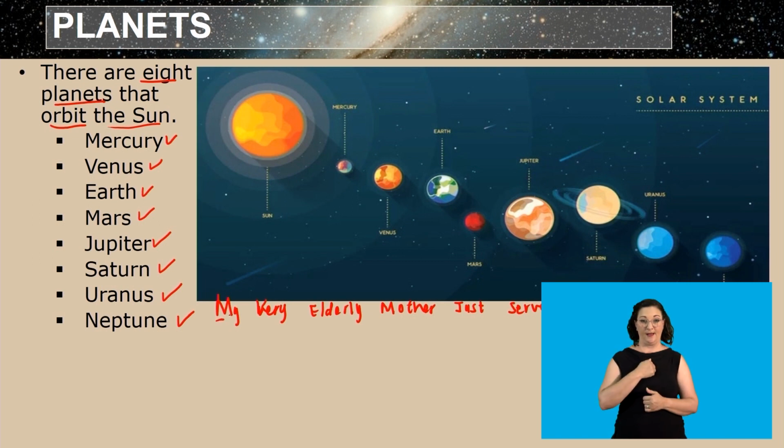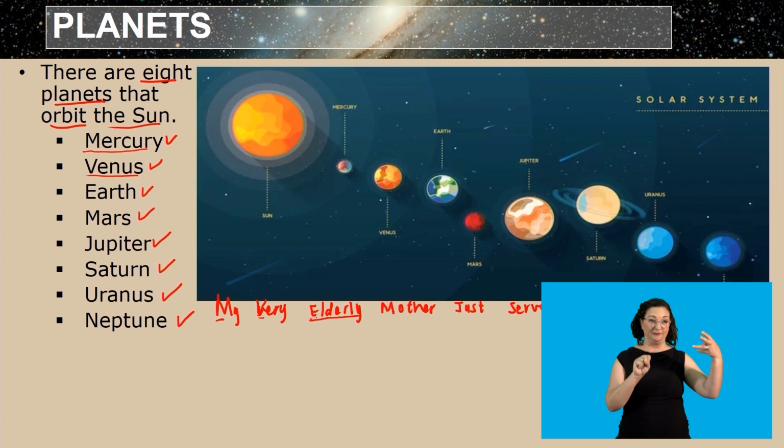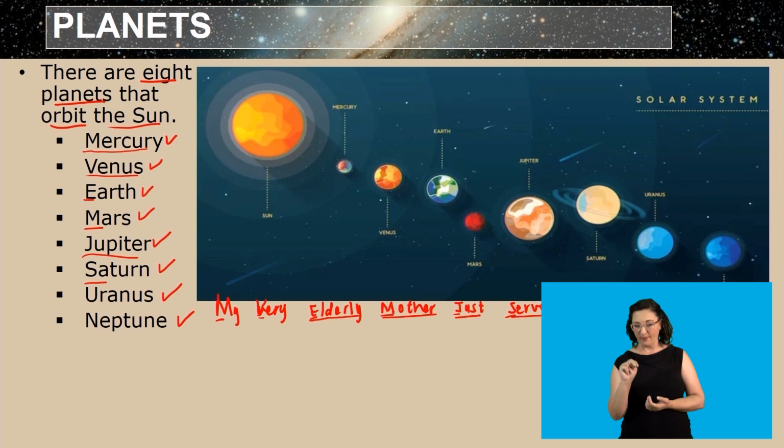The capital letter M is for Mercury, then V for Venus, E for Earth, M for Mars, J for Jupiter, S for Saturn, U for Uranus, and N for Neptune. I hope this sentence is going to help you remember the order of the planets from the sun.